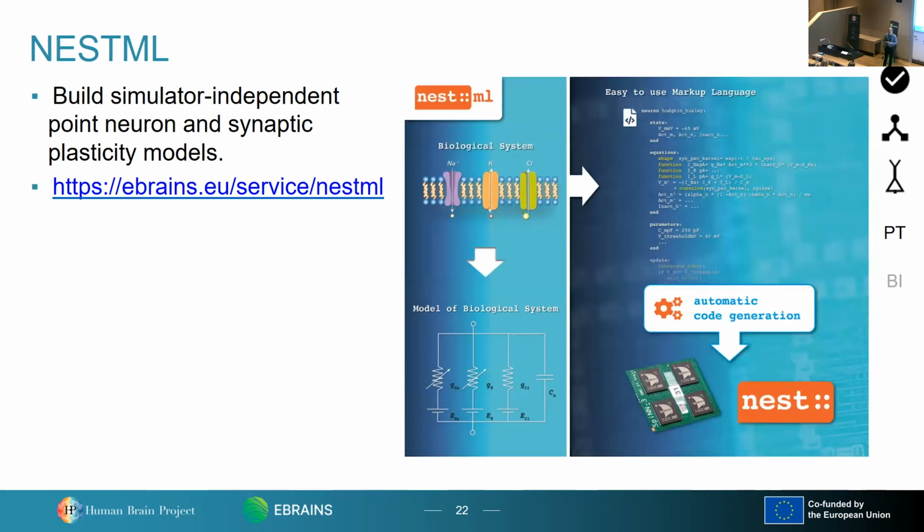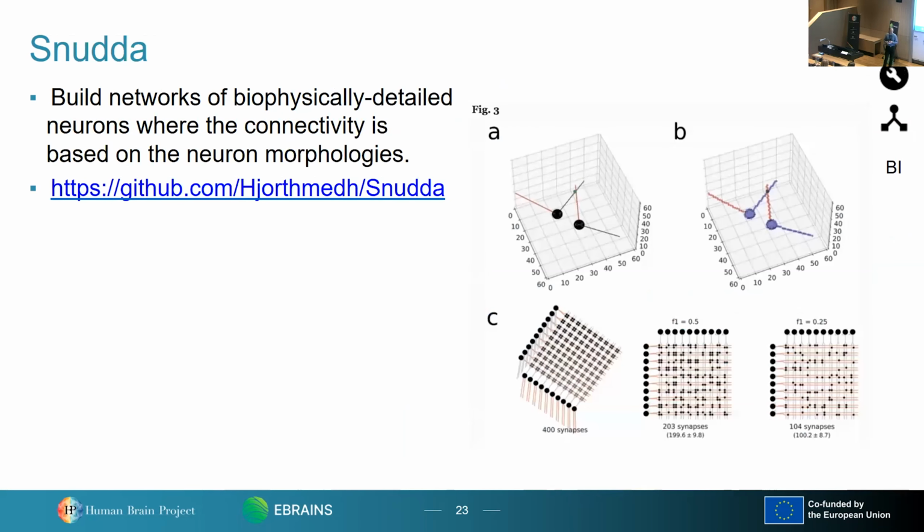You have NESTML, which lets you build ion channel models, or different spiking neural models, or different synaptic plasticity models, and then use them in the NEST simulator, and in future also in the SpiNNaker system. You have Snudda, which is a tool for building networks of biophysically detailed neurons, in which the connectivity is based on the neuron morphologies, so detecting where dendrites touch, for example, tells you where the synapses can exist.